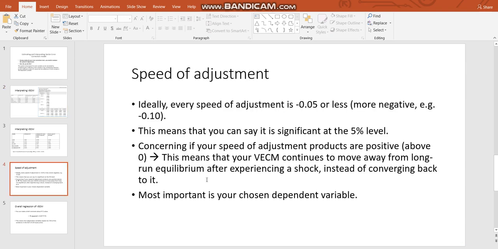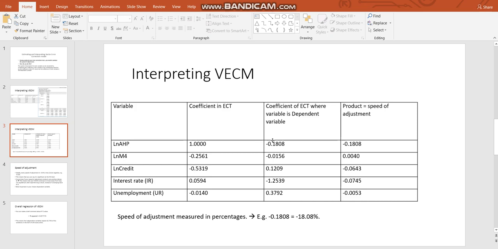Well, it's concerning if your speed of adjustment products are positive, like for my money supply, because that means that your VECM continues to move away from the long run equilibrium after experiencing a shock instead of converging back to it. But the most important one is obviously your dependent variable. I was very happy with my dependent variable converging back 18% in one time period.